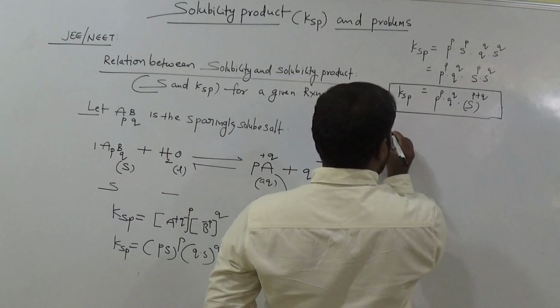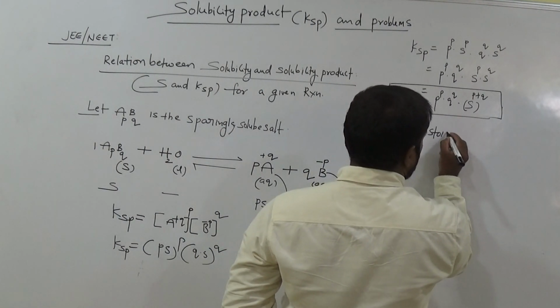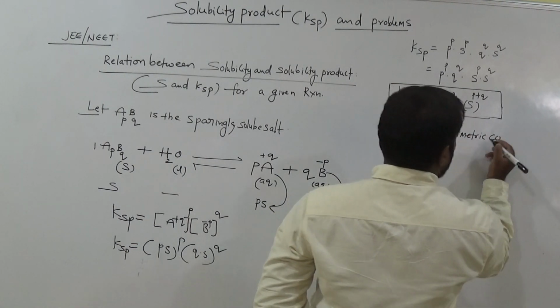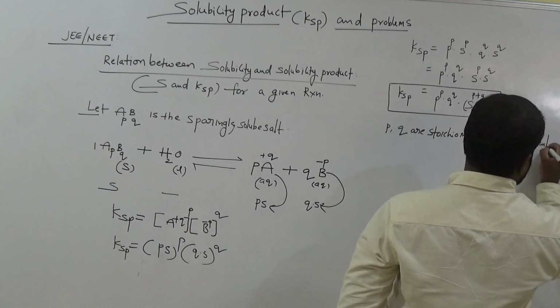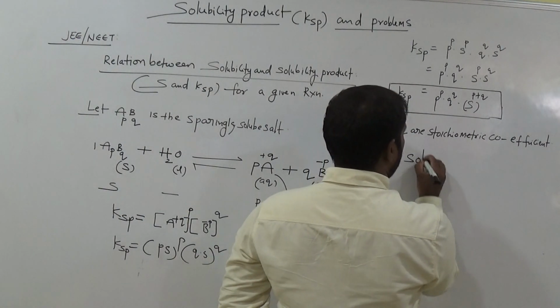Where P, Q are stoichiometric coefficients. Clear? S is solubility.